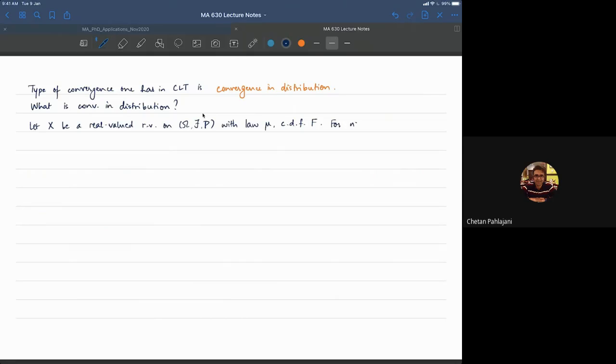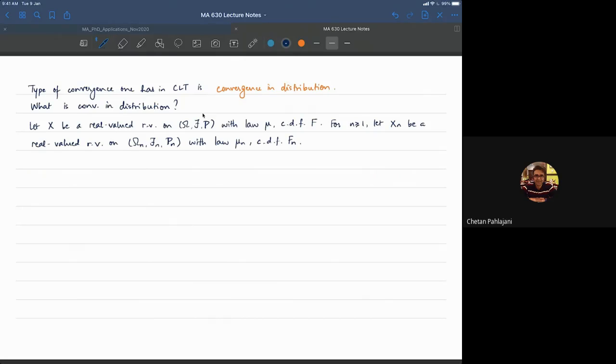For n greater than or equal to 1, let xn be a real valued random variable on (omega n, Fn, Pn) with law mu n and CDF Fn.